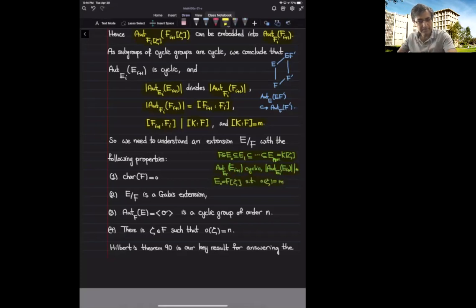So we get this kind of a picture, assuming that the group of automorphisms of the extension K over F is a solvable group.